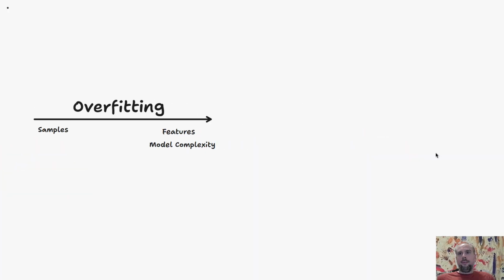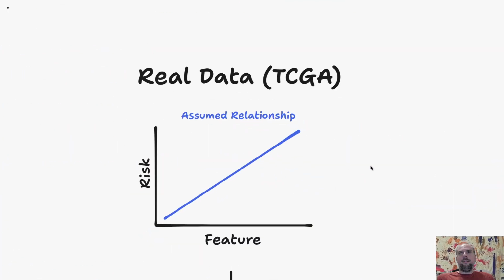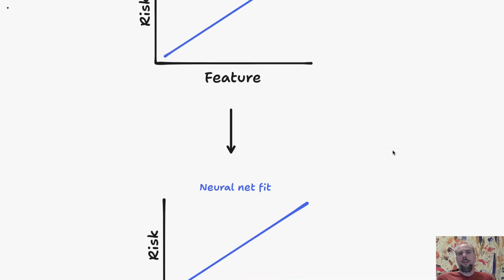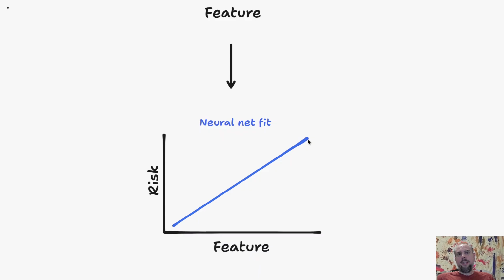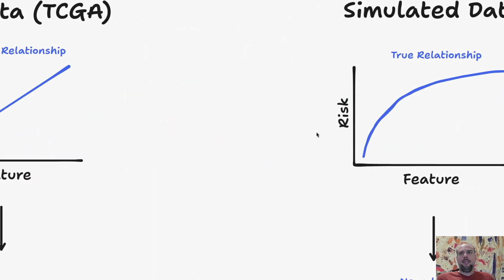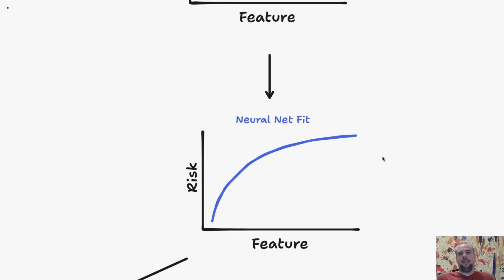So what we had was we started with some real data from TCGA. We assumed it was a linear relationship because the Cox regression was strong, which I knew before. We ran a neural net and we saw a linear relationship. But then we asked, what happens if we make some simulated data with this relationship and we fit a neural net?